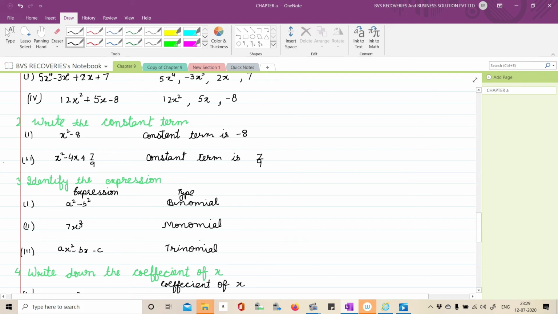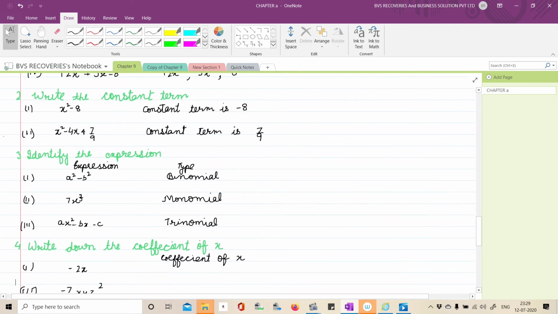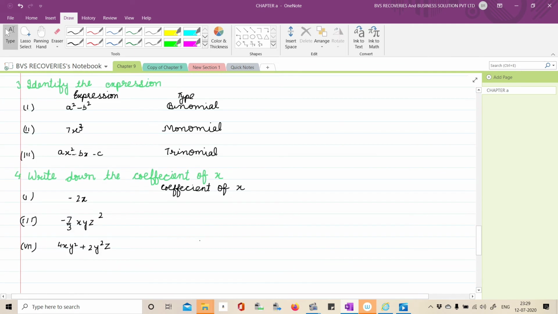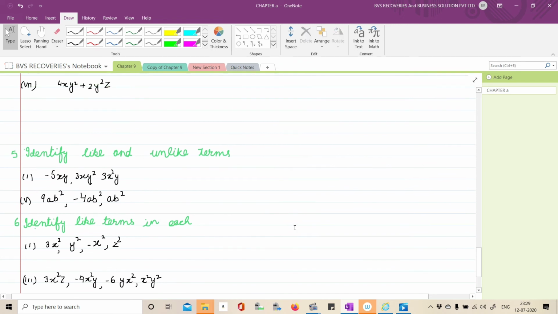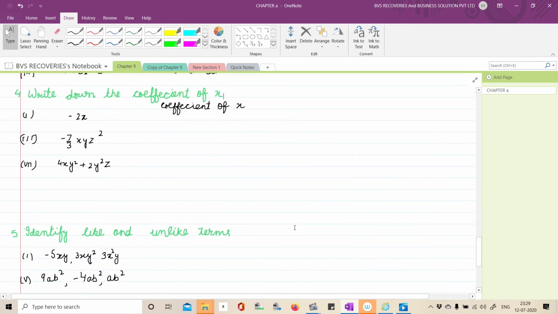Alright. Then question number 4 is: write down the coefficient of x. Coefficient of x means we have to write all the factors except x. Alright. So the first part is minus 2x. Minus 2x means except x, the remaining part of the term. The remaining part is minus 2.